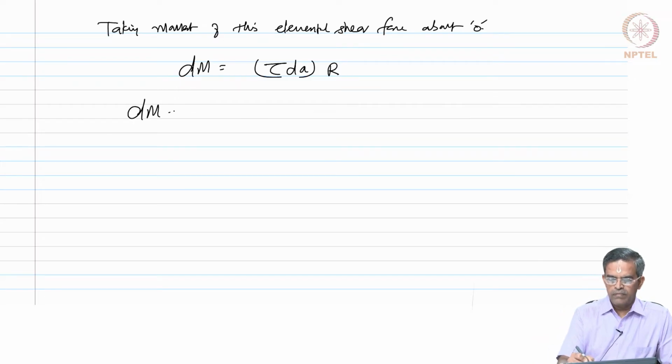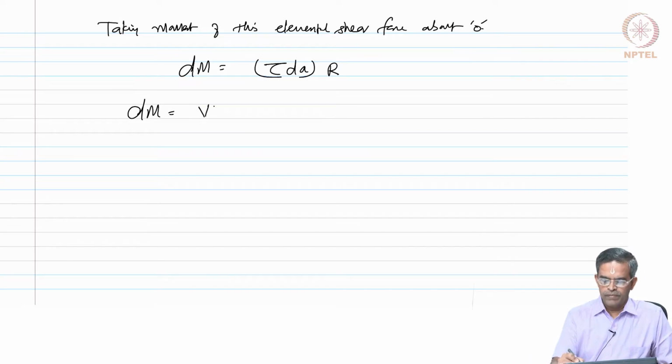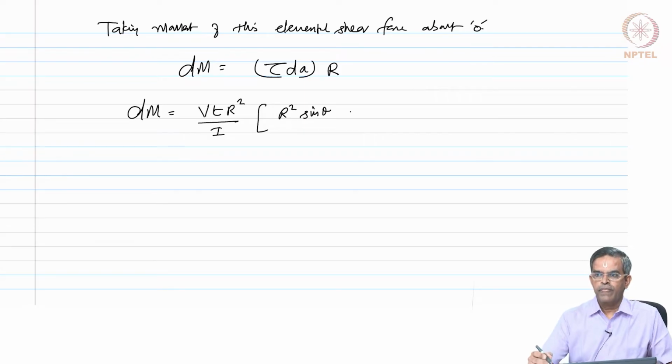dM will now become Vt r square by I, r square sin theta plus V1 times of r plus B1 by 2 plus Br, of d theta.